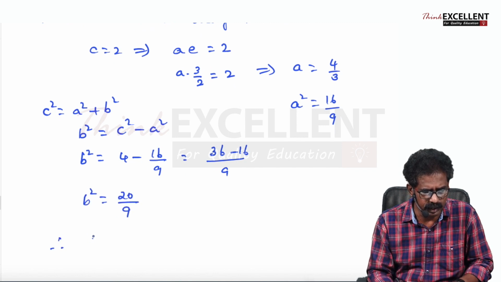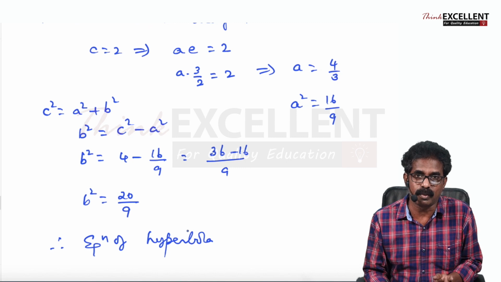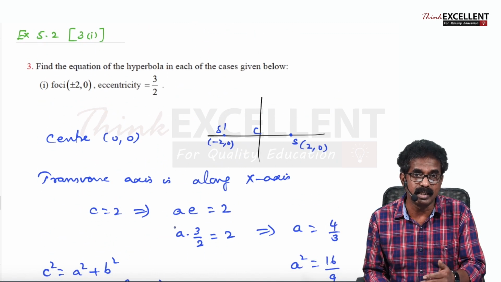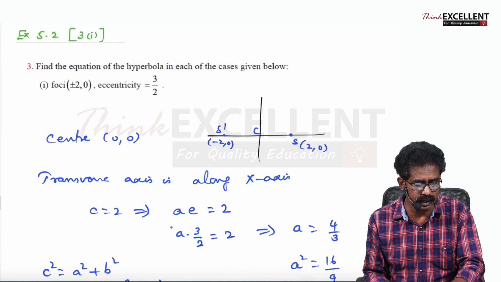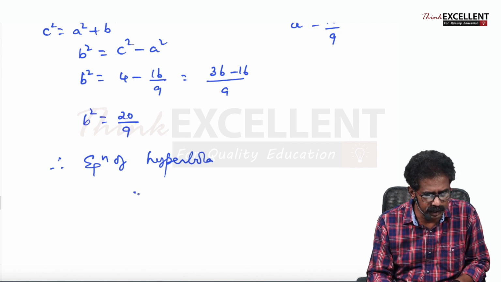Therefore, the equation of the hyperbola: does it start with x square or y square? This is the first type, right? So x square by a square minus y square by b square equal to 1. There is no change in x and y because the center is 0, 0.